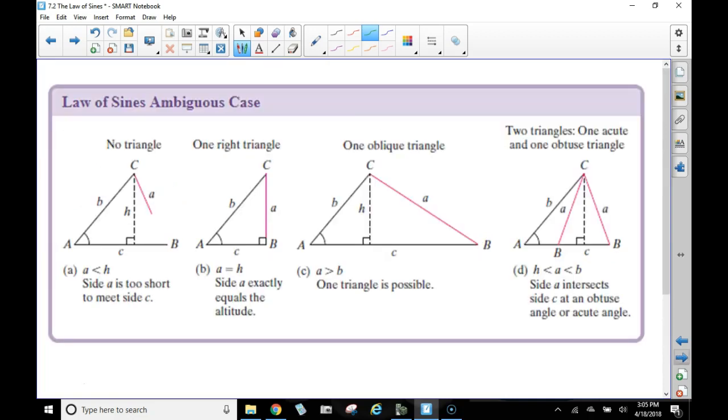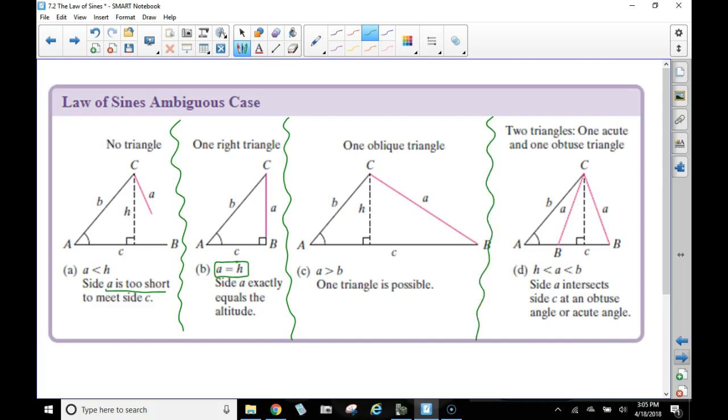It sums it up in the purple box. You could have no triangle. That's the first case, if A is too short to come down there and touch side C. You could have one right triangle if A is exactly the altitude of that triangle. You could have one oblique triangle if A is just long enough.